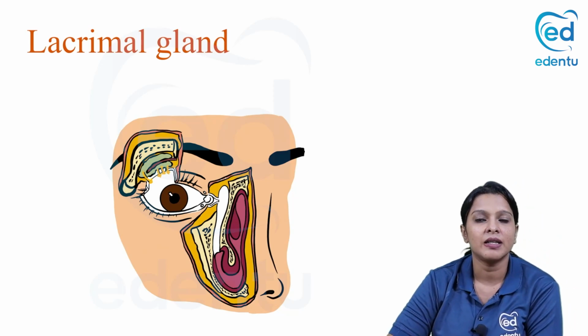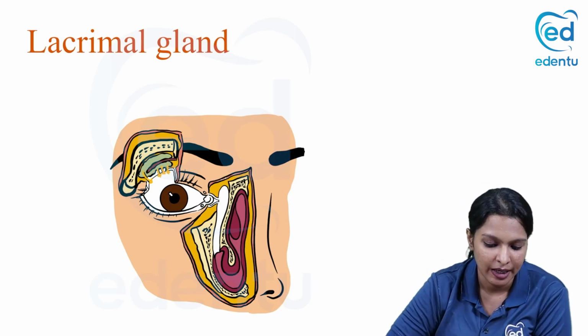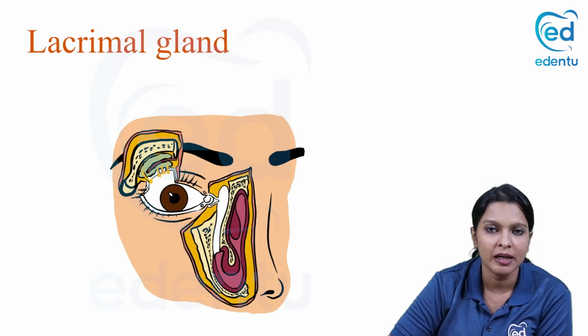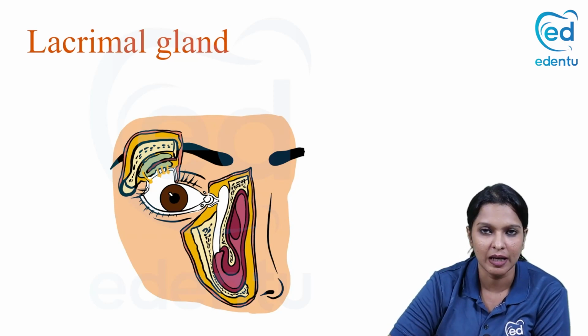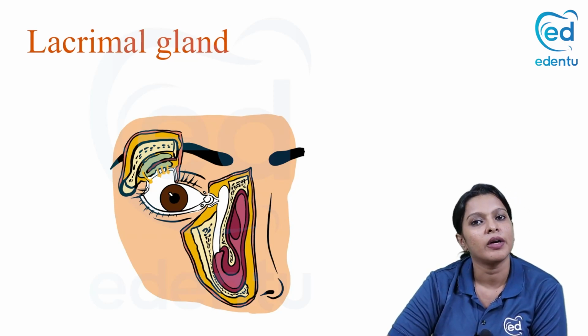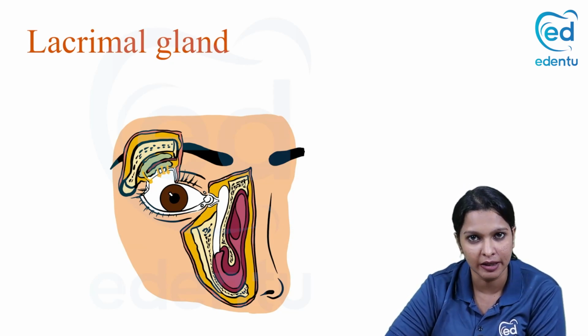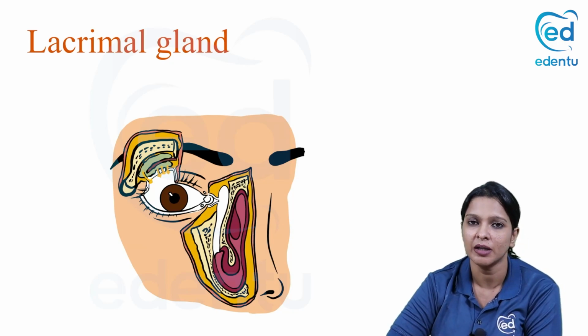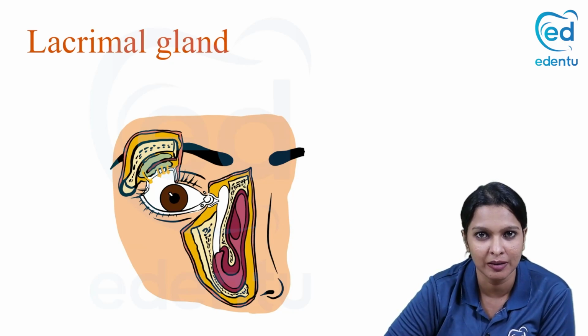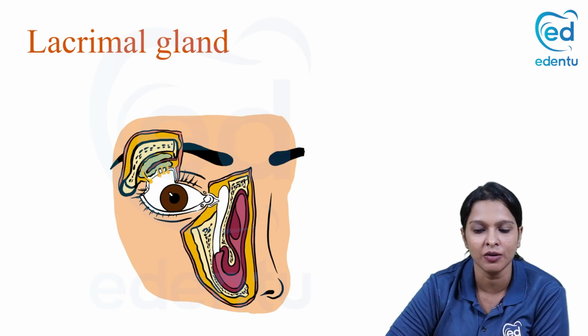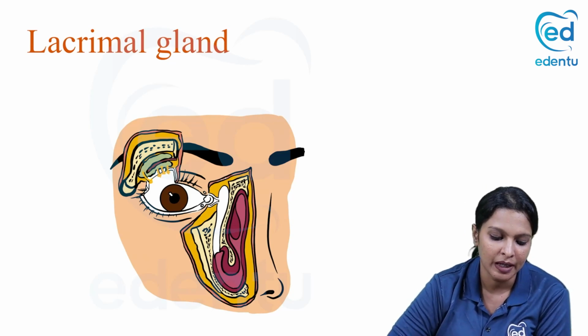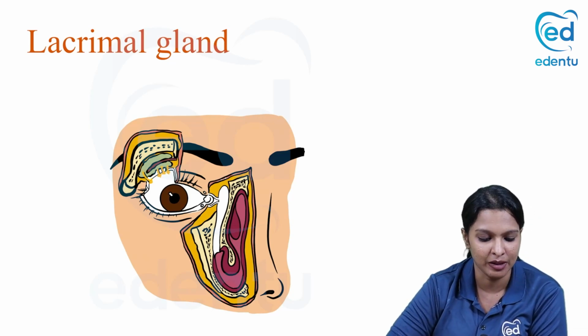What is the arterial supply of this? It is supplied by the lacrimal branch of the ophthalmic artery. The ophthalmic artery is a branch of another artery called the internal carotid artery. For now, just remember the lacrimal gland is supplied by the lacrimal branch of the ophthalmic artery. And the nerve supply is by the lacrimal nerve.